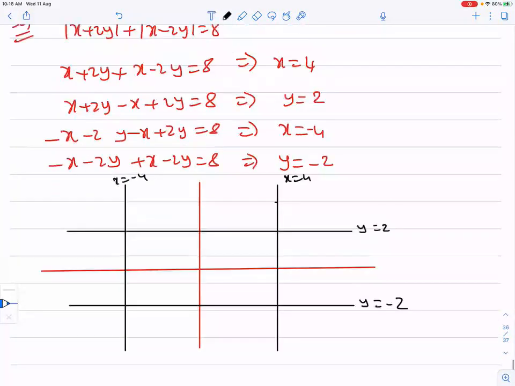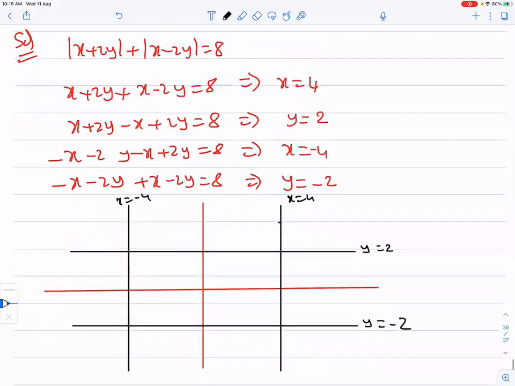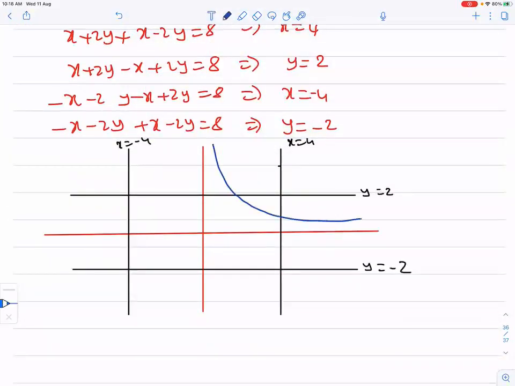Now, this will form a rectangle. Next one is xy greater than or equal to 2. Xy equal to 2, we know how the graph is. Xy equal to 2 is a rectangular hyperbola, right? It's going to be like this.